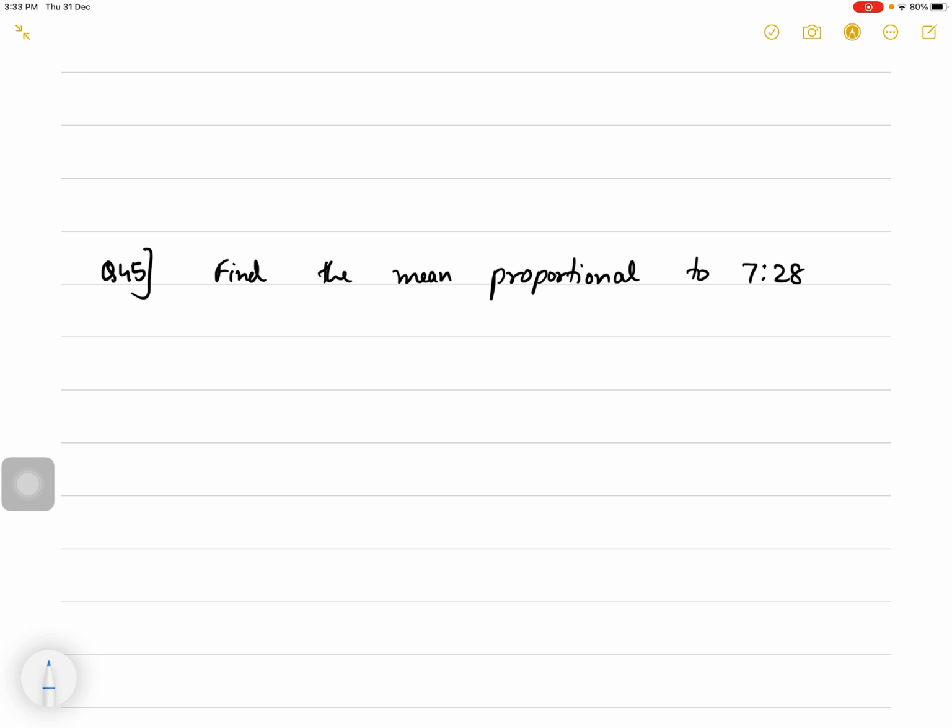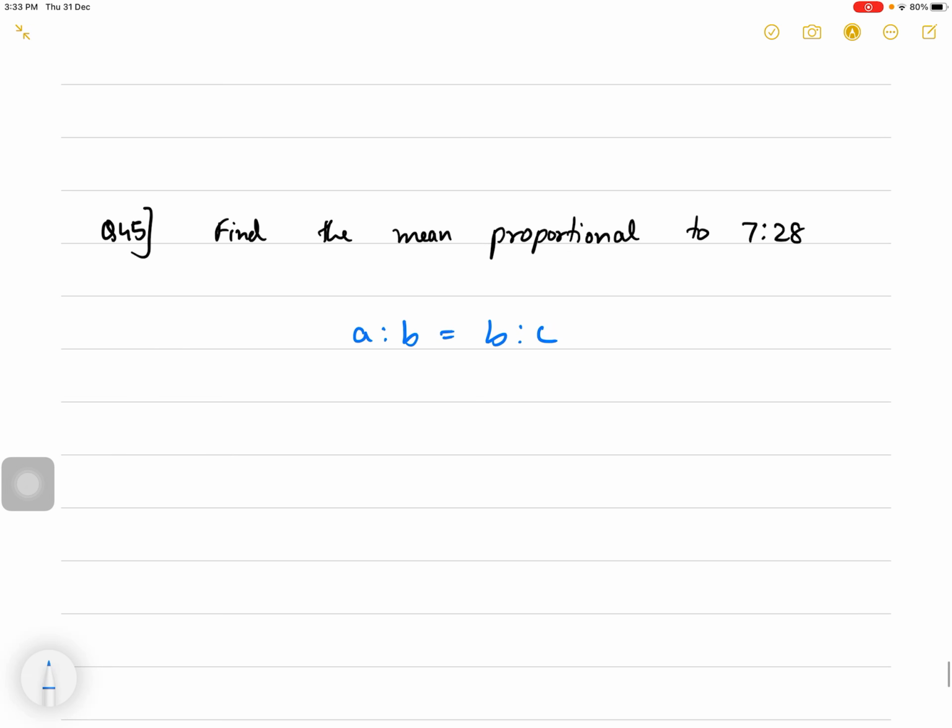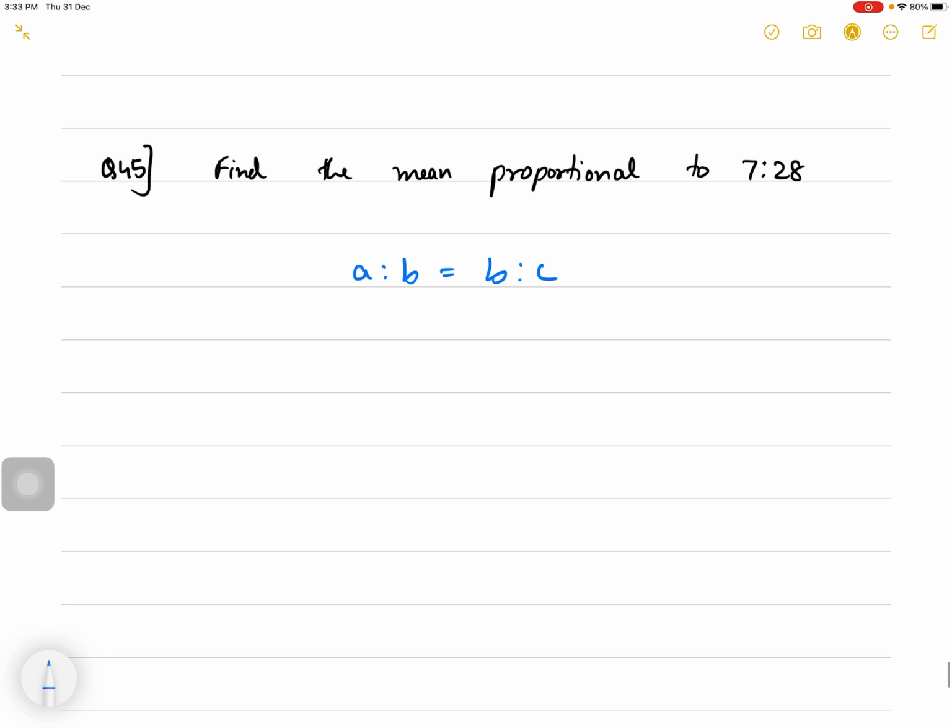Like in a ratio, when I say A is to B is equal to B is to C, now in continued proportion, A is to B is equal to B is to C, correct? When I say A is to B is equal to B is to C, B is the mean proportion and C is the third proportion.